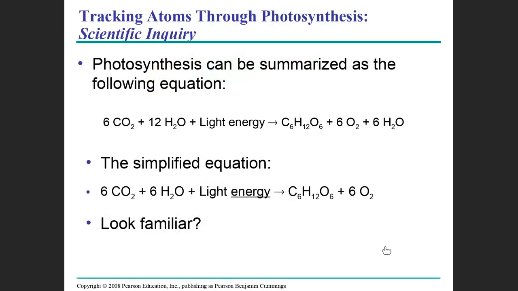So the equation for photosynthesis: carbon dioxide plus water and light energy makes sugar, oxygen, and water. So we can simplify this and get rid of the excess water molecules. And here's our simplified equation. 6CO2 plus 6H2O plus light energy gives us C6H12O6 plus 6O2.